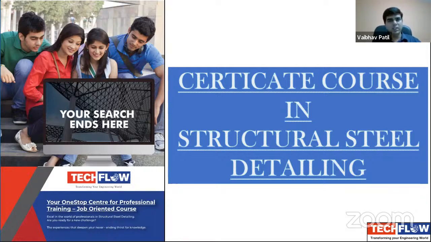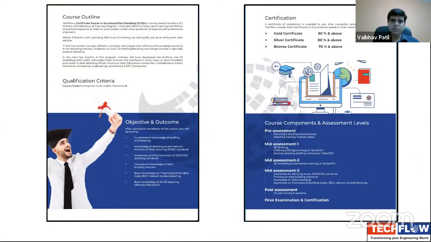The trainer will check, based on your performance in the past 2.5 months, your question answering, everything, and check your projects, and you will get certificates. There is a pre-assessment, mid-assessments 1, 2, 3, post-assessment, and final examination and certificates. The certificates are gold, silver, and bronze.